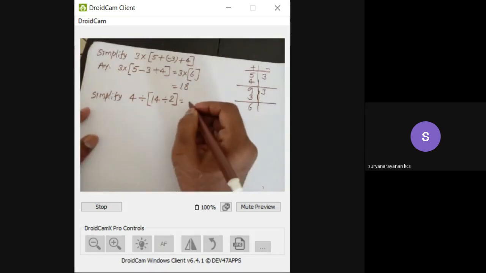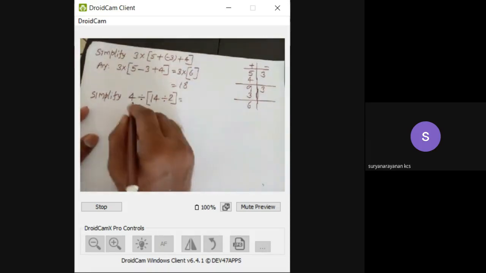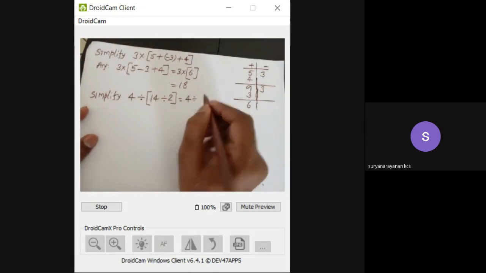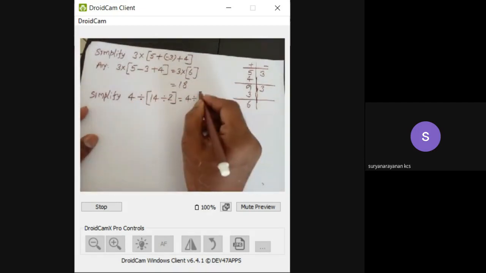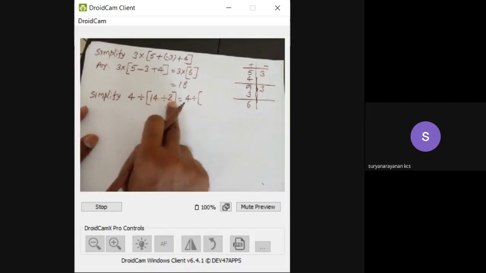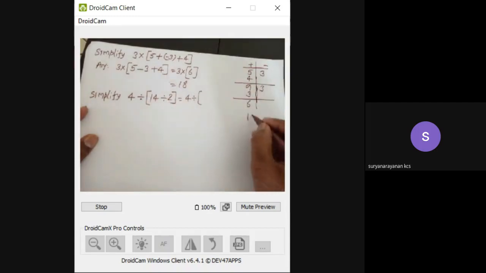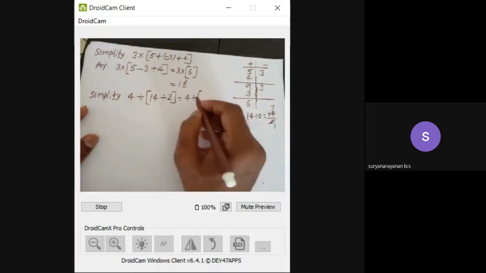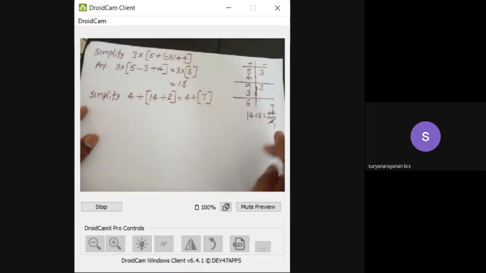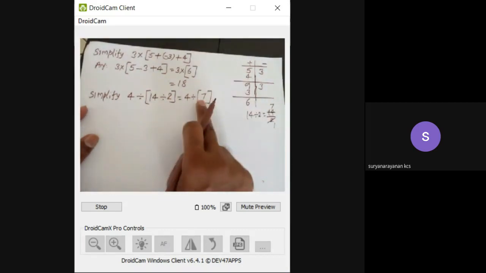See here, one more time I am explaining. 4 divided by, in these brackets 14 divided by 2 is there. 14 divided by 2 means 14 by 2. We write this mathematical expression as a fraction, numerator by denominator. 2 sevens are 14, so finally we got 7 by 1, which means 7 only.